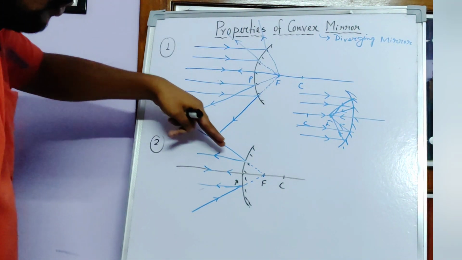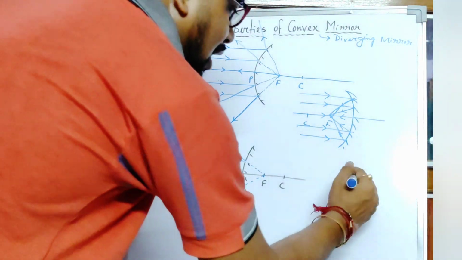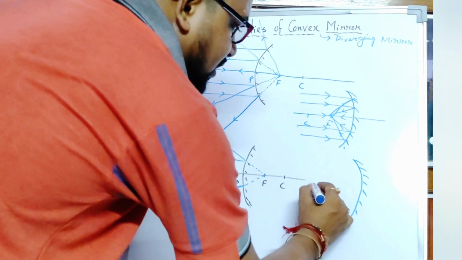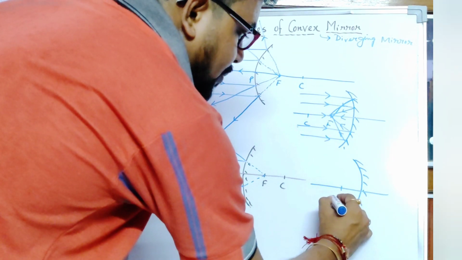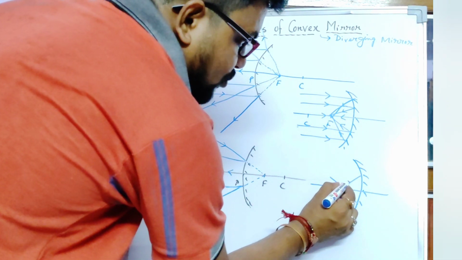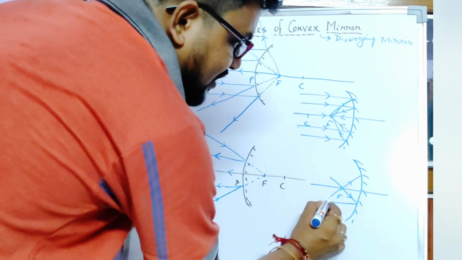In this case the rays which are going towards focus become parallel, like in case of a concave mirror, how I have explained it in the last video. Just see, any ray which is passing through the focus, this is the F, focus, becomes parallel after reflection.